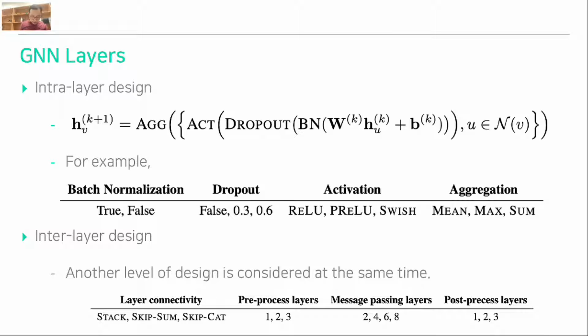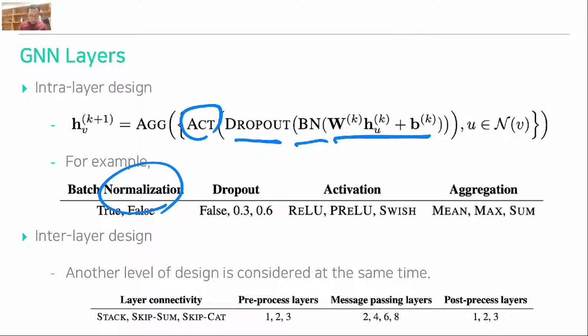For example, in this linear transformation, we can normalize the output using batch normalization, and dropout the output, randomly making some of the output values zeros, and we activate the values to utilize the nonlinear functionality.